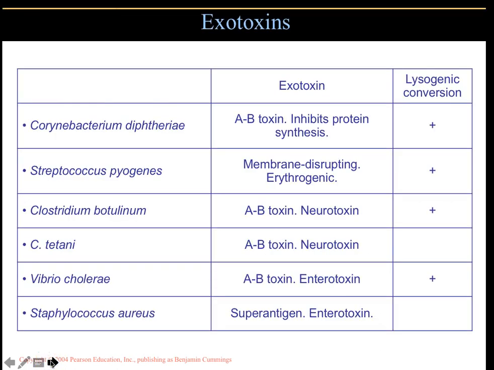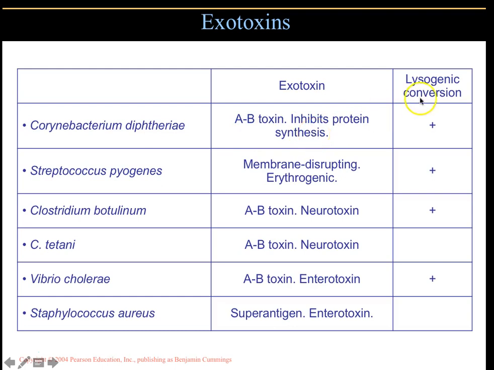So here are some exotoxins that are problematic. Diphtheria, we vaccinate our children against diphtheria because it was a killer. Corynebacterium diphtheriae is the organism that produces the diphtheria toxin, and it inhibits protein synthesis.